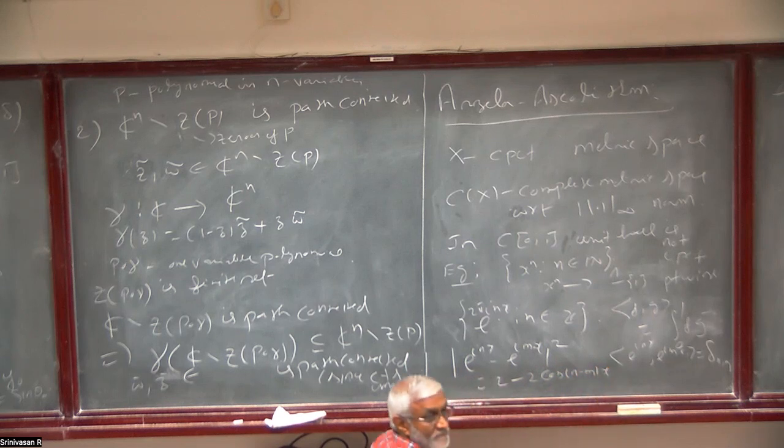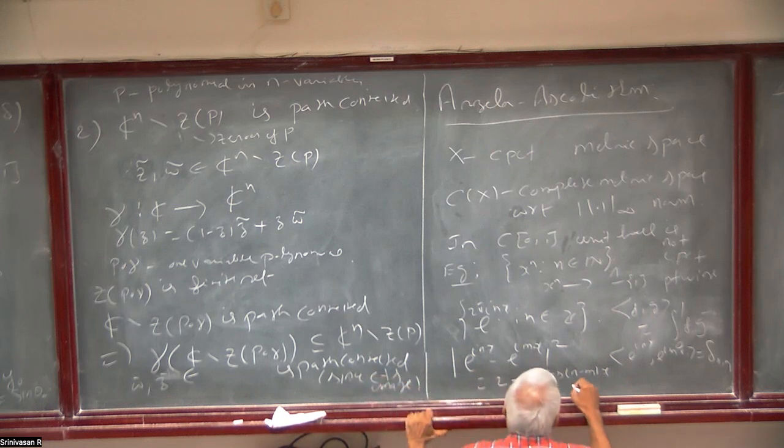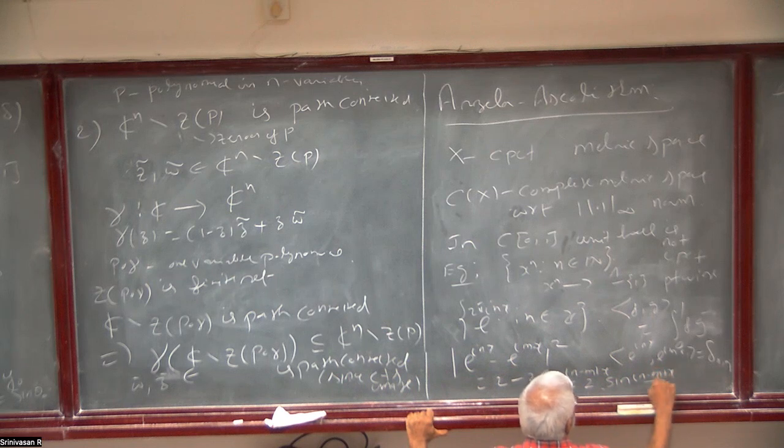Am I right? Which is the real part of that, the basic complex number. Okay. So which is equal to 2 into 1 minus cos (n minus m)x, which is going to be sin square of (n minus m)x by 2.